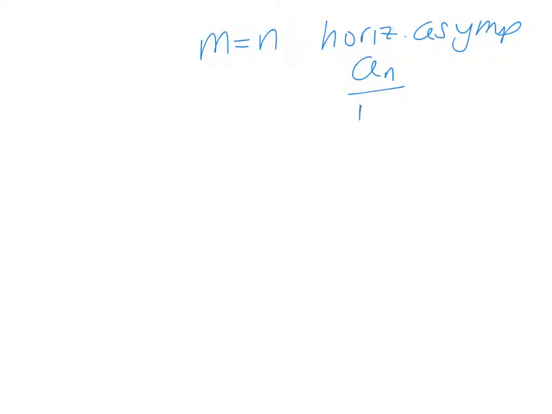Okay, so if m equals n, so I just got to go back, then the horizontal asymptote is going to be a sub n over b sub m. Let's look at that again. Sorry, on the top was x minus 1 over x plus 2.